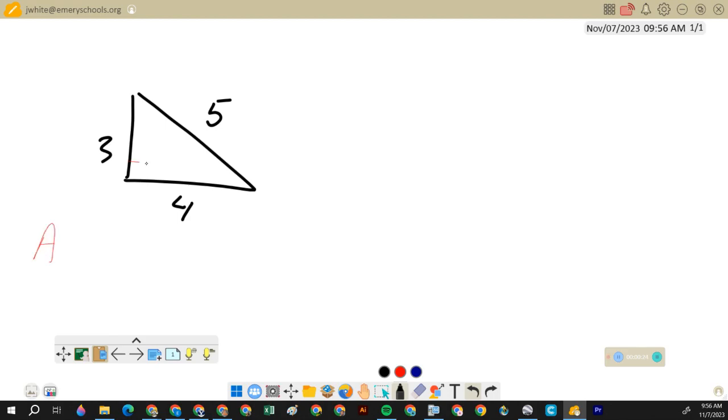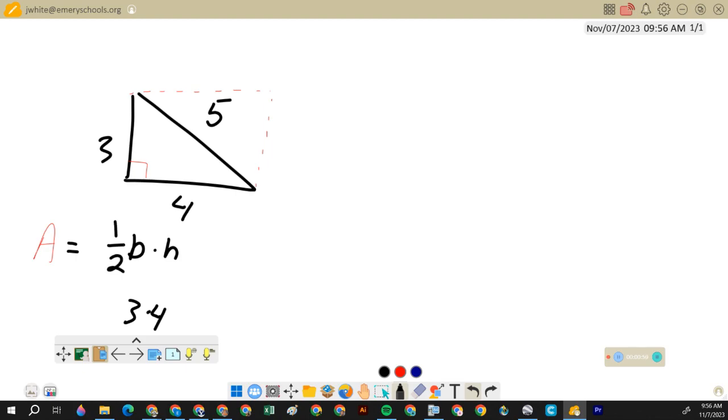Well, if that's a right angle, and I were to build a rectangle, the area of the rectangle would be length times width. We're going to call it base times height. So that would be 3 times 4, and our triangle is exactly half as big. So the formula is 1/2 base times height.